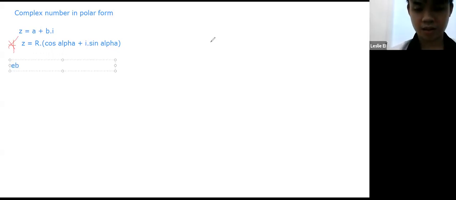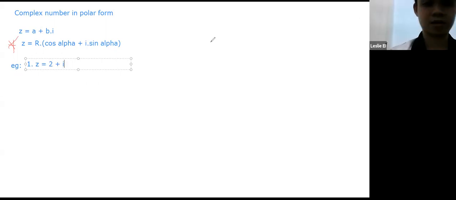So how can we change the first expression to the second expression? For example, I have a complex number, z equals 2 plus i.